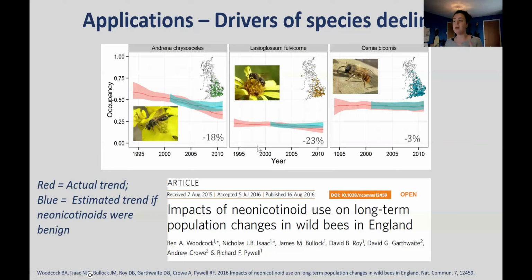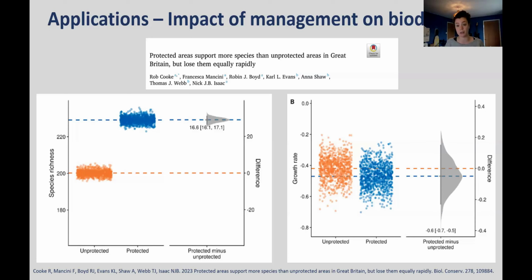We've also started using the workflow to look at the effectiveness of some of the management in conservation. This paper was published this year, in the last few months, and it looks at the effectiveness of protected areas in Great Britain in conserving the diversity of some invertebrate groups. And what you can see from the plot on the left is that protected areas do support higher diversity.